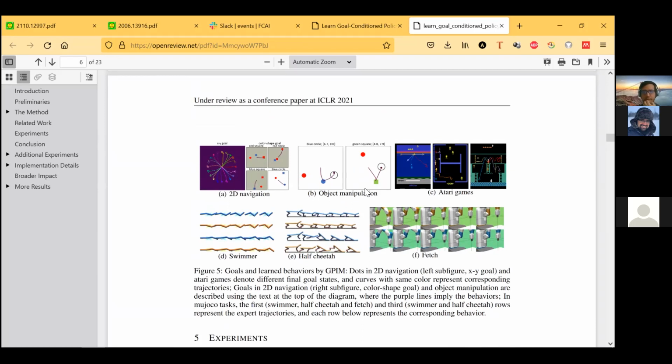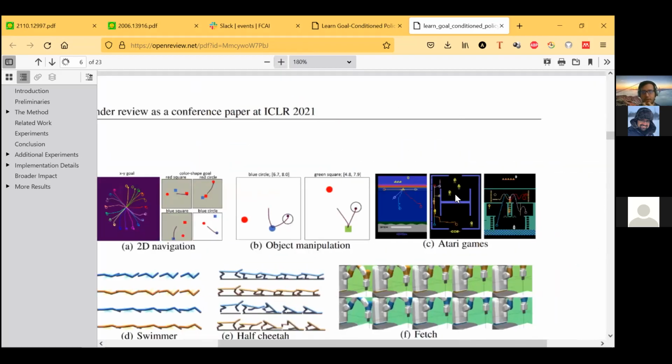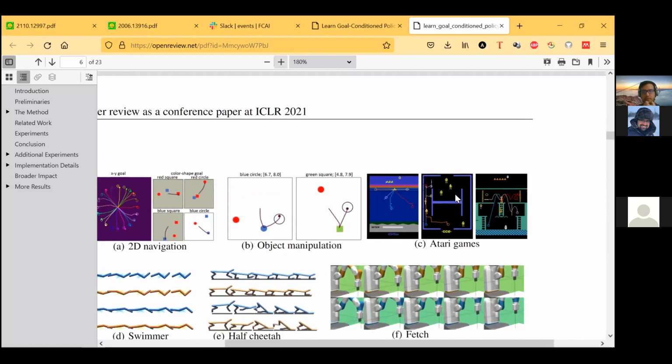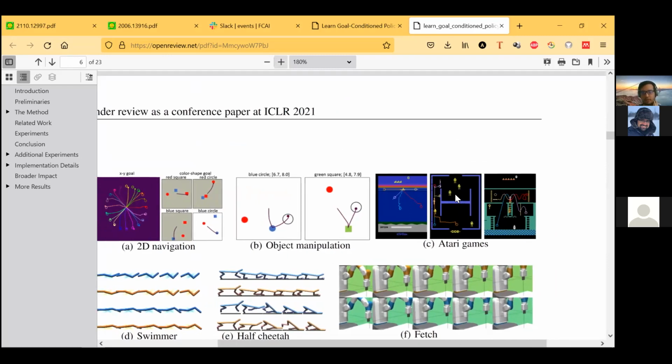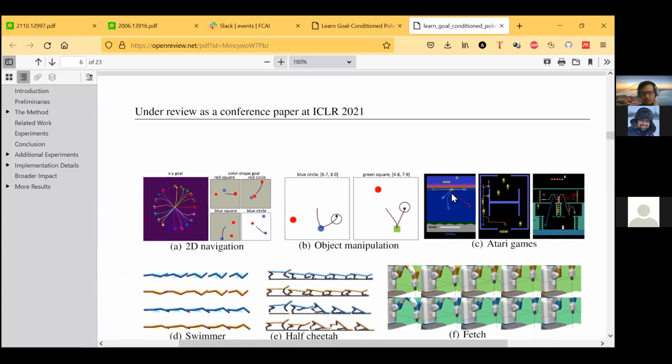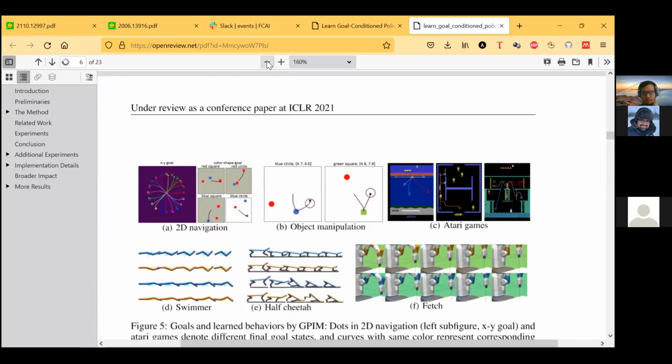They have maybe a bit richer experiments in terms of setting goals, because they have things in Atari, which maybe is a bit harder. And yeah, this could be one of the differences with the paper you cited. Yeah, okay, thanks. I will take a look at it. Very interesting presentation.